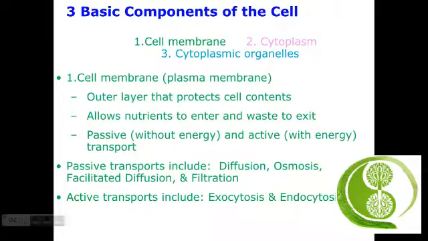Passive transport is done without energy, so it requires no energy for nutrients and waste to enter or exit, and active transport requires energy for those to enter or exit. Passive transports include diffusion, osmosis, facilitated diffusion, and filtration, where active transports are exocytosis and endocytosis.